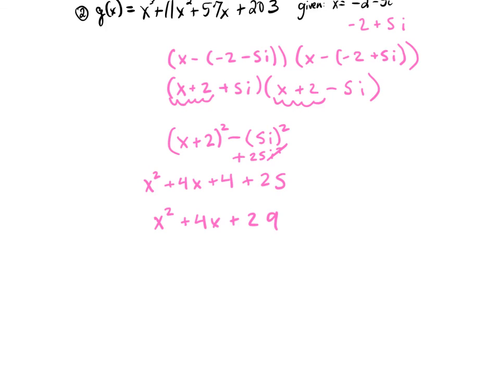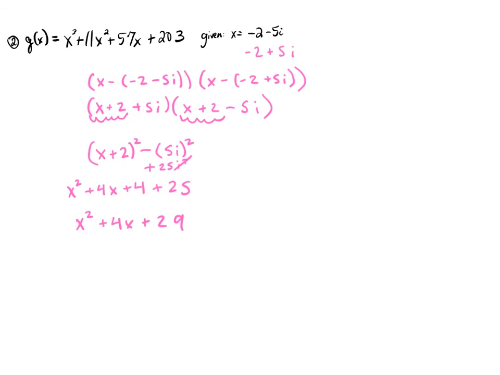What do we do next? Step 3. You divide the original by the new numbers. So we have x cubed plus 11x squared plus 57x plus 203. So what times x squared gives us x cubed? X. So we're going to put our x on top. Now we multiply what's on top with everything out front.